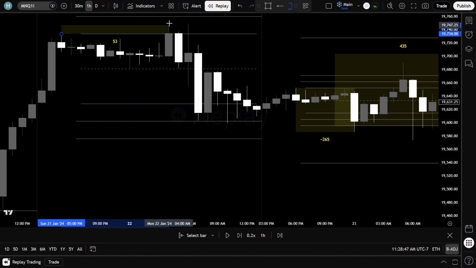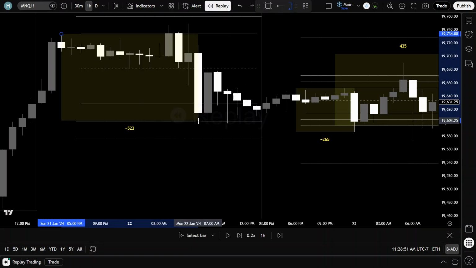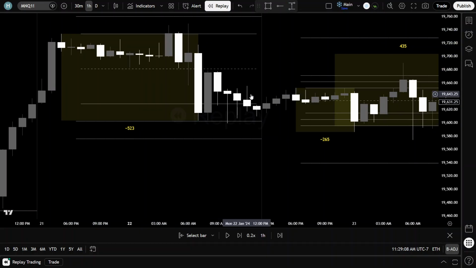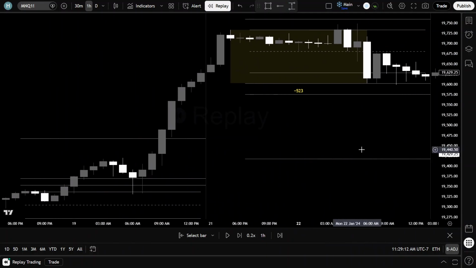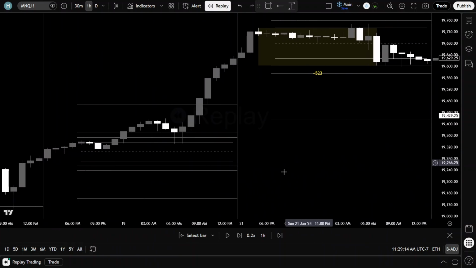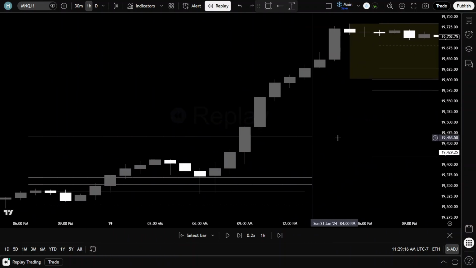But a max risk of 62 ticks, and yeah, flush after New York Open for 523, raiding the 0.25M. So that's a decent trade right there, and it ended up ranging for the rest of New York. That's why finding the trades in London is one of the best things.